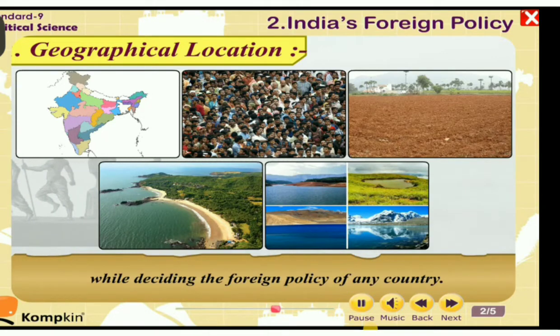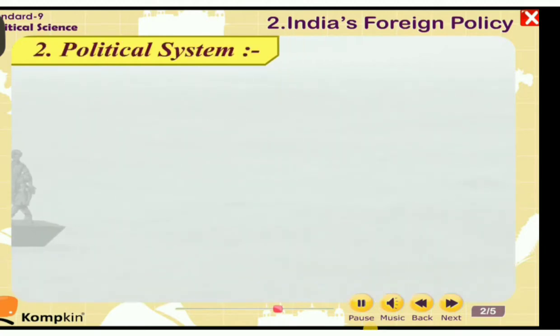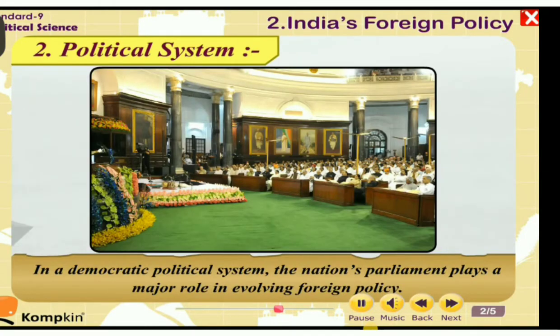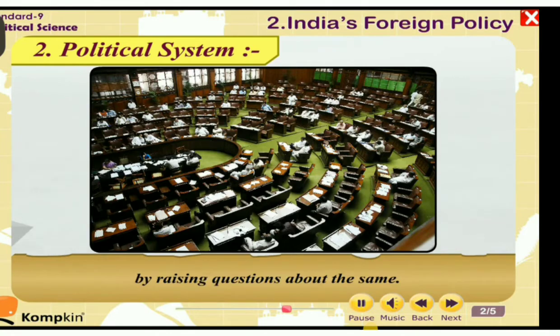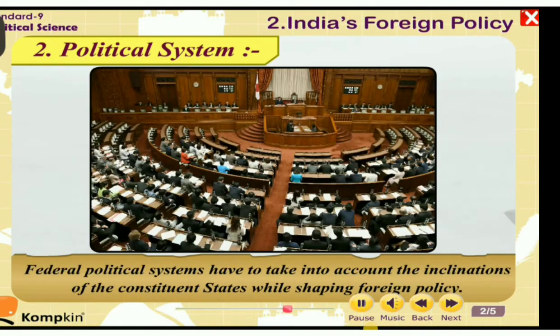So, while deciding the foreign policy of any country, it is very important to check the geographical location of the country. Next is the political system. In a democratic political system, the nation's parliament, like we are using a parliamentary system, plays an important role. When different aspects come up for discussion in parliament, the opposition party, for example the Congress party, tries to regulate the foreign policy by raising different questions about it.